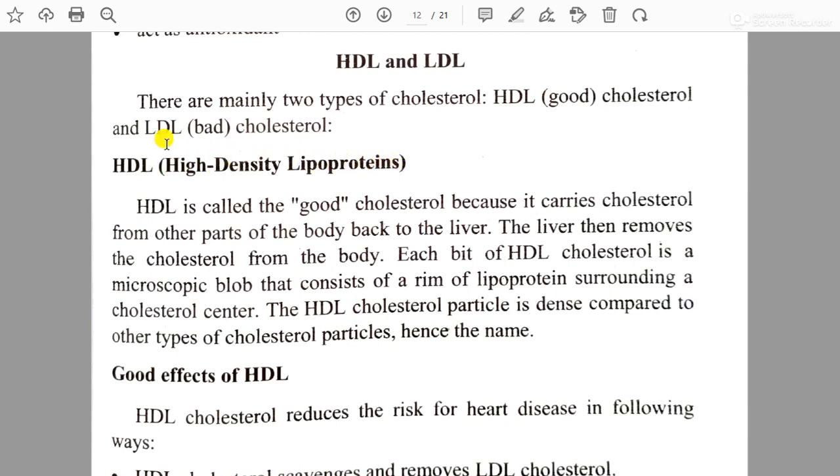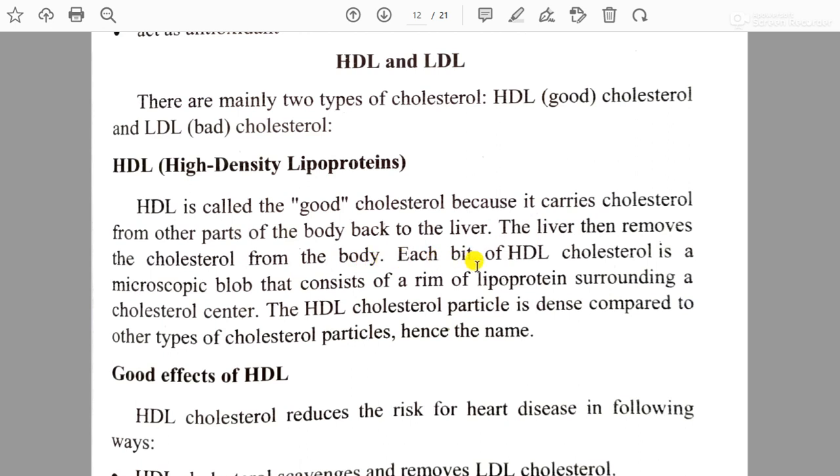This is the short abbreviation for high density lipoprotein. HDL is called good cholesterol because it carries cholesterol from other parts of the body back to the liver, and the liver then removes the cholesterol from the body.